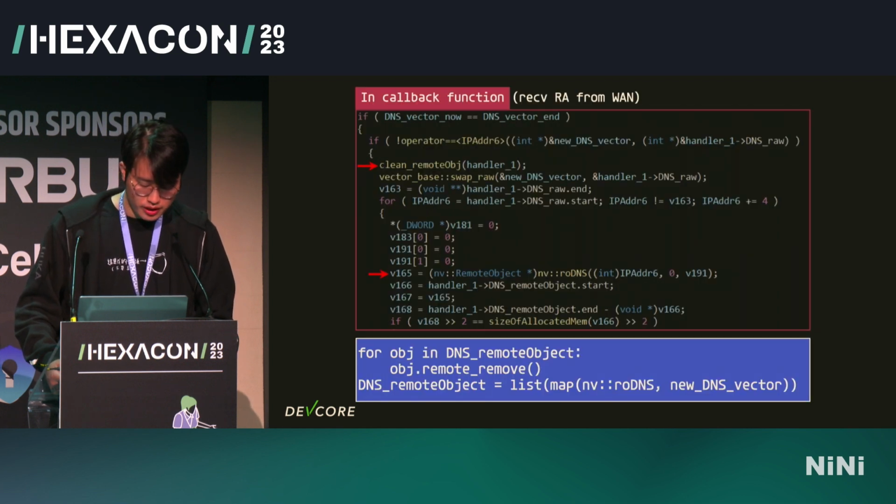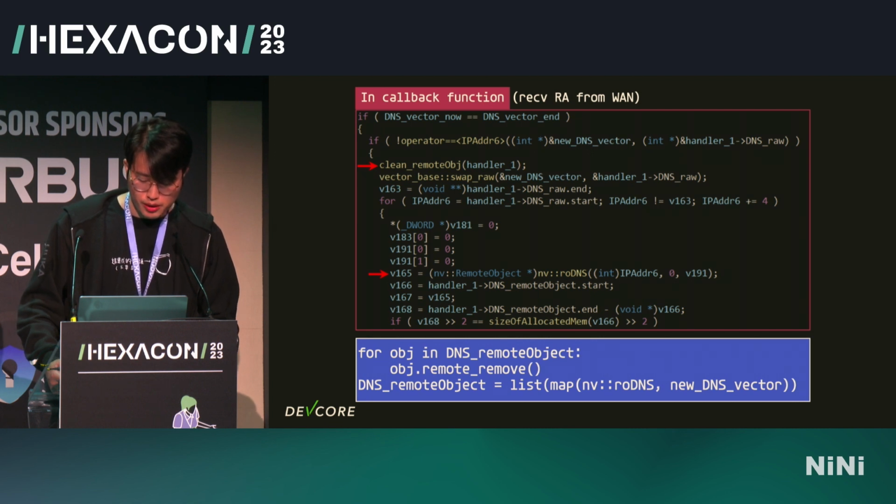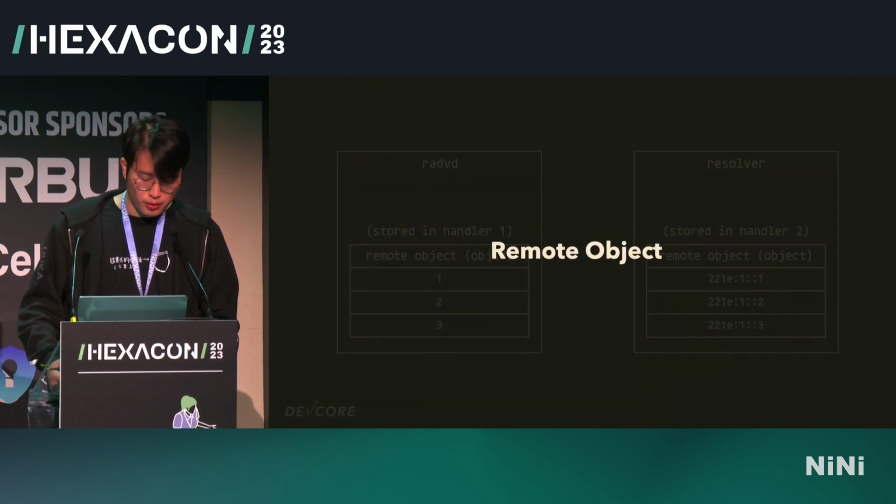Let's look closely at the callback function. There is an array responsible for storing something called the remote object. Then it looks straightforward: just iterate the new DNS vector, do MVRODNS on each of them, and append the result to the DNS remote object vector. So what is the remote object?